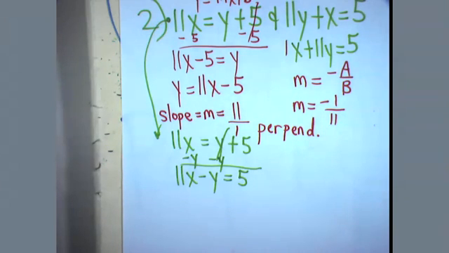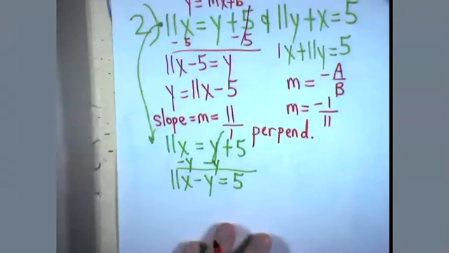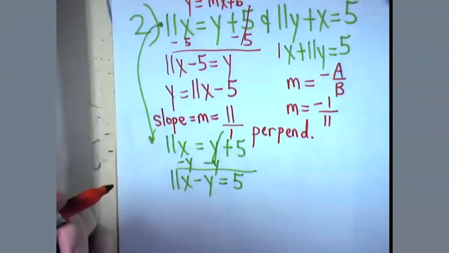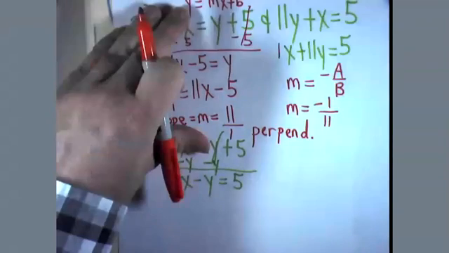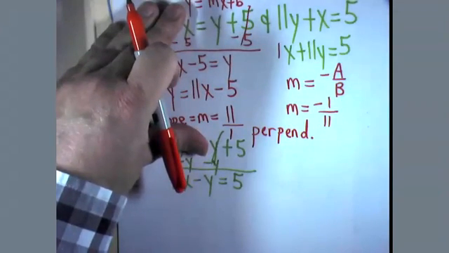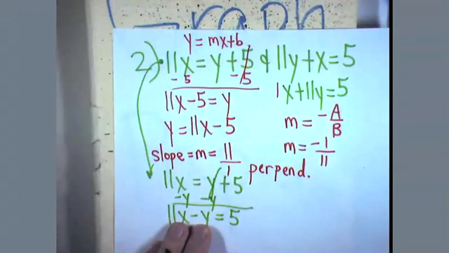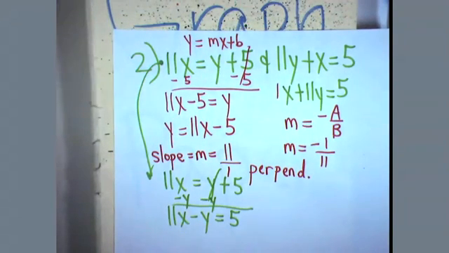That's right. The x and the y are on the same side, and your number's on the other side. Oh, so it's the mx plus b form? No, that's totally separate. y equals mx plus b is just slope-intercept form. Anytime x and y are on the same side, that's standard form.